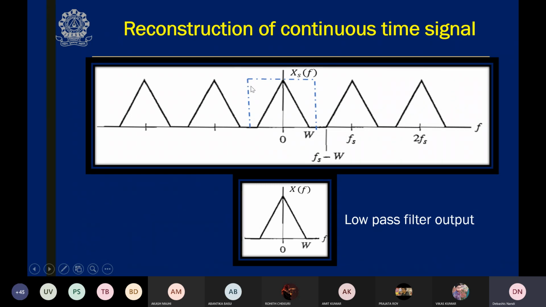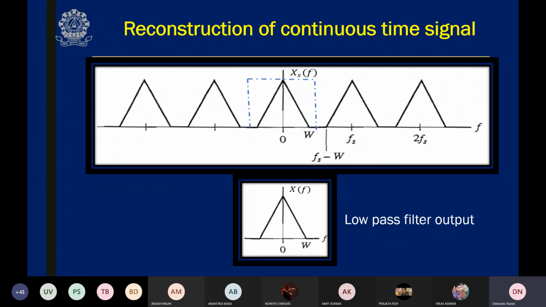Gate shape characteristics means it will pass this band only at the output of the filter by rejecting the others. So this is the gate, and this gate will pass this band only, and it will reject the other four bands. That means at the output of the low pass filter you will get this, which is nothing but the frequency domain of the original continuous time analog signal.